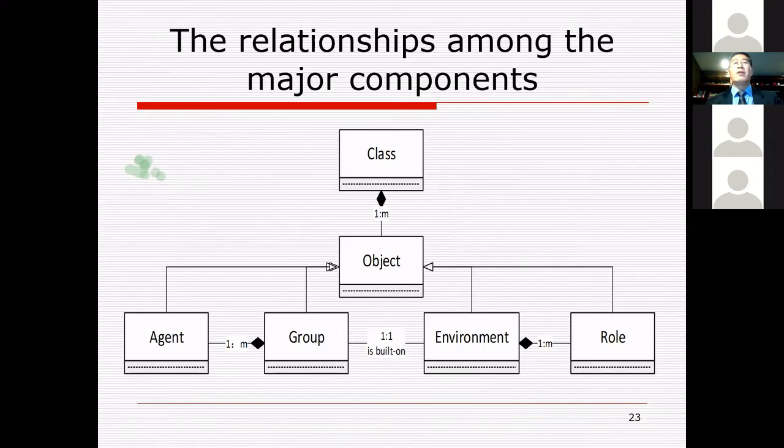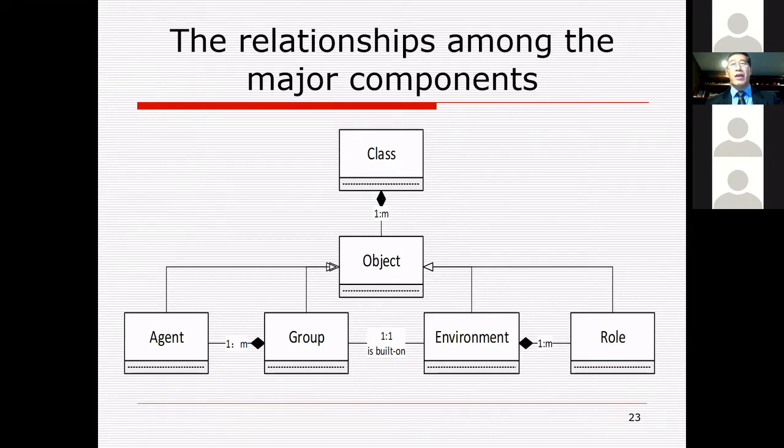You can see there are classes of objects. A class is composed of objects, right? An object is an instance of a class, and a group is composed of one to many agents, and an environment is composed of one to many roles.